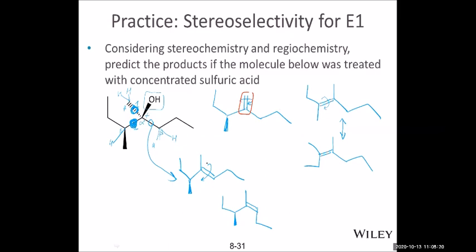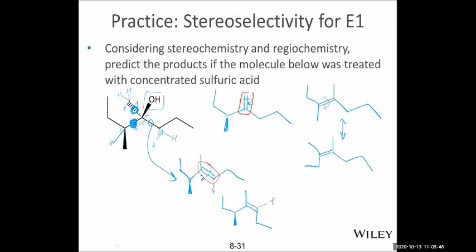And if you look at this, how many alkyl substituents are on this alkene? How about you guys tell me? How many alkyl groups on this alkene? Can you see that? That should be hydrogen.